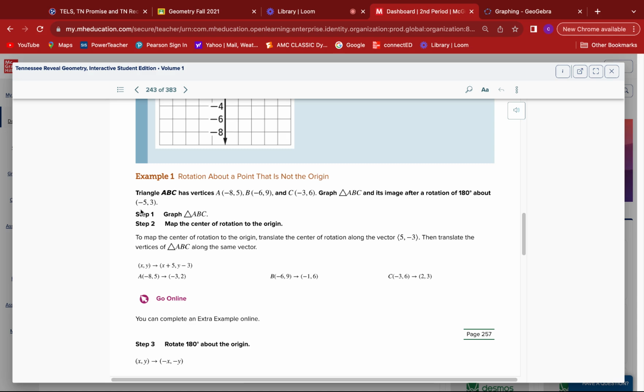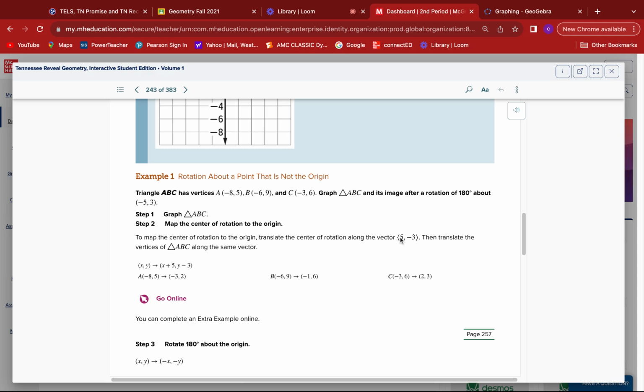All right, so they change it from a -5 to a +5. They changed the 3 to a -3, and they switch it to component form. See, they're no longer parentheses, but they're weird looking bracket thingies. So this is their vector. All right, so they already know a little plugging and chugging. They're going to take their A, which is -8, 5, and they're going to plug into the vector: x plus 5, y minus 3.